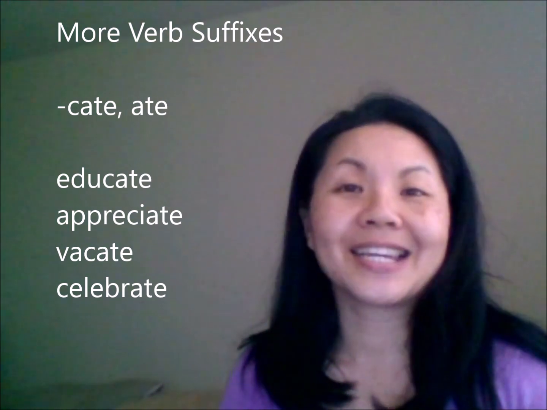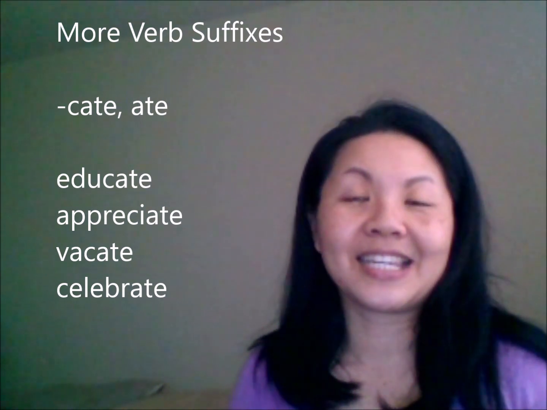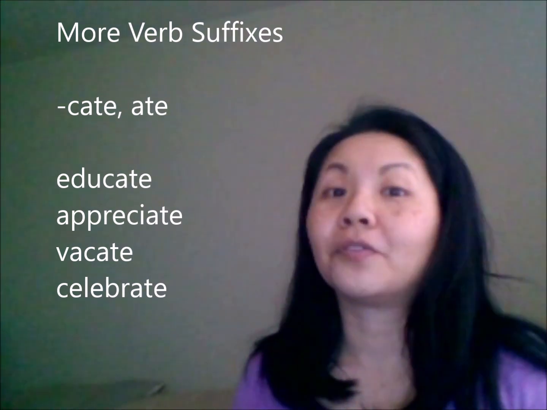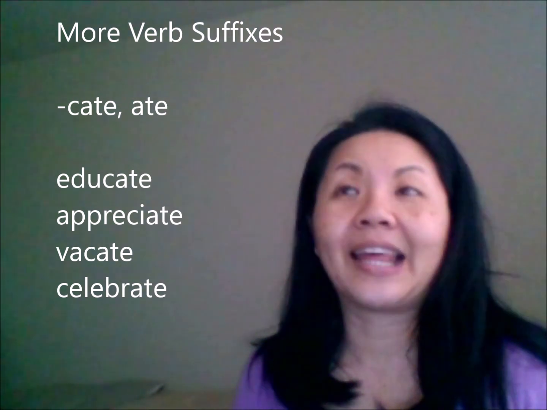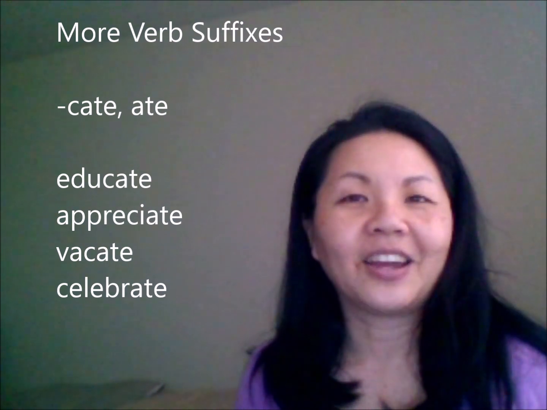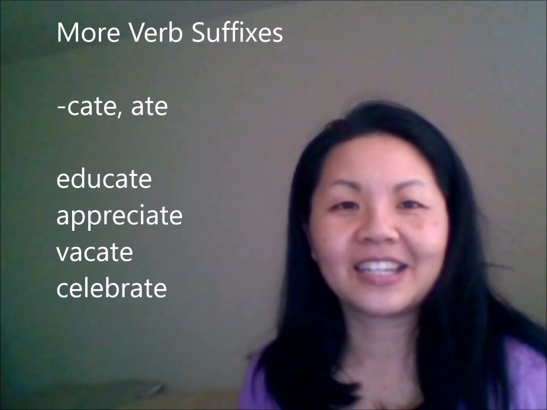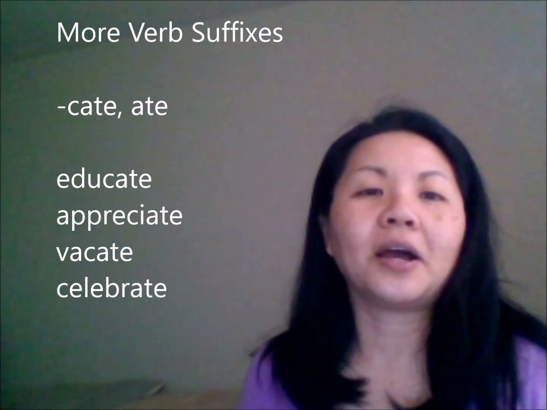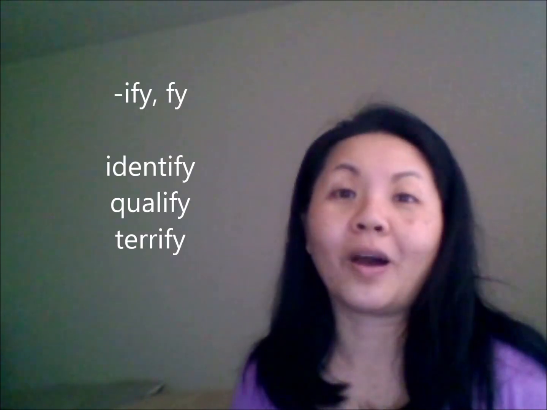The first one is CATE, and this is a suffix that we will find with verbs like educate, appreciate, or vacate. Also celebrate. The other common one is IFY or FY.